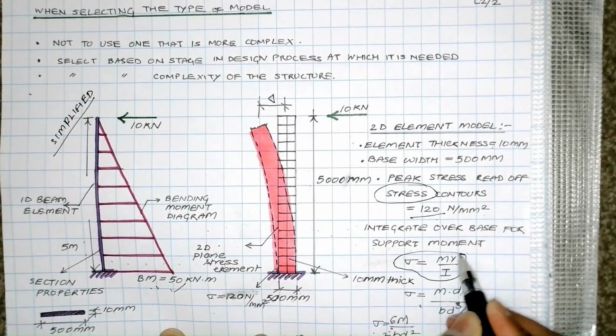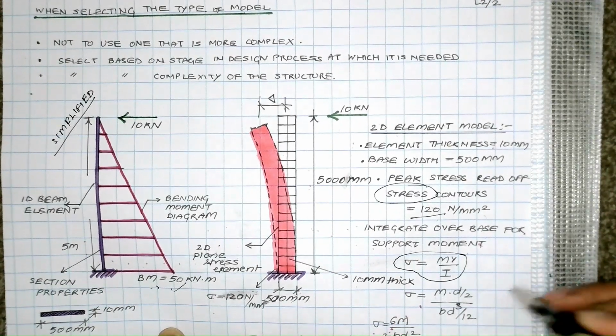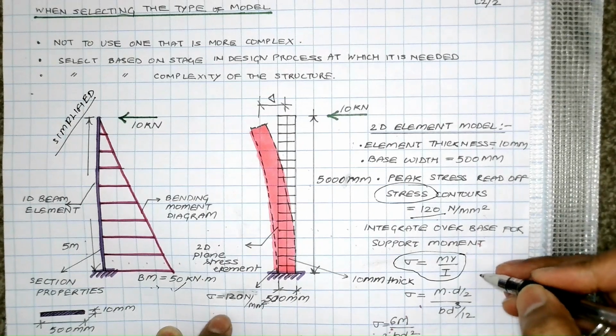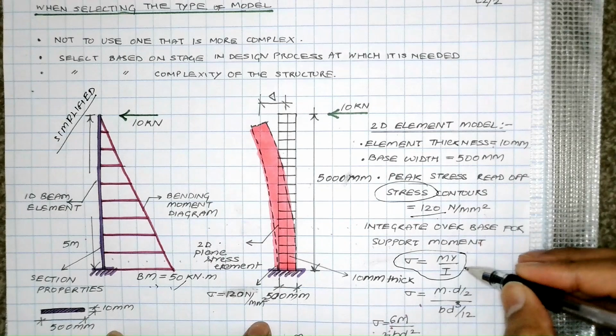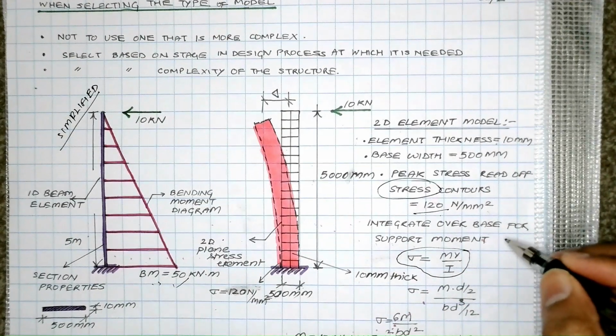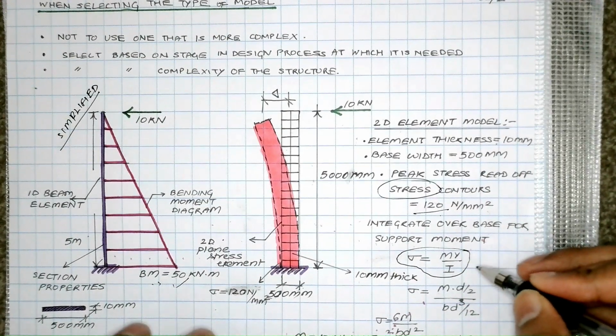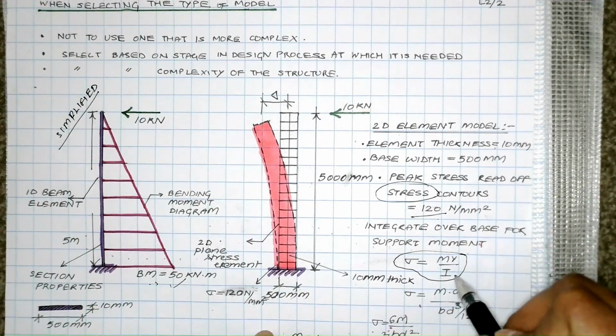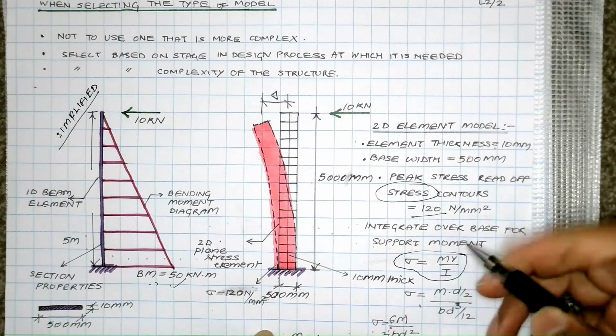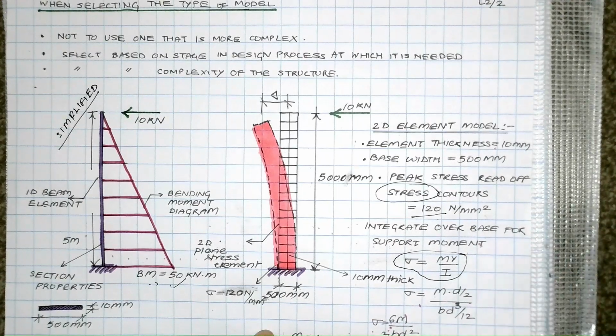Now this equation, I'm sure you must know. If you don't, please drop a comment and I will add it in the comments as well. The stress is equal to the bending moment times the distance of that particular point from the neutral axis, divided by I, the second moment of area.